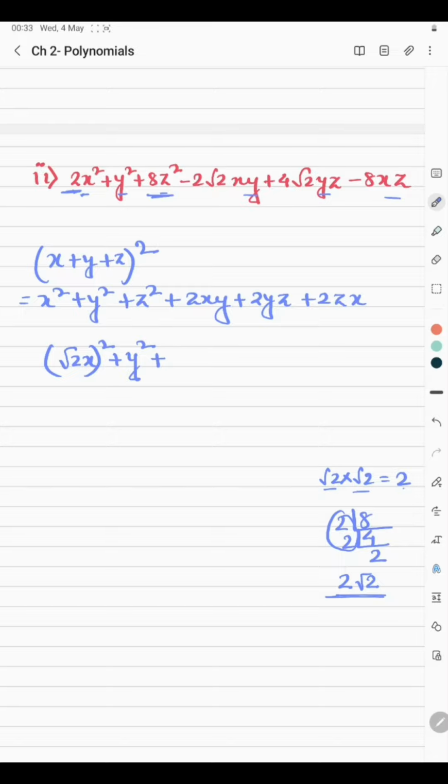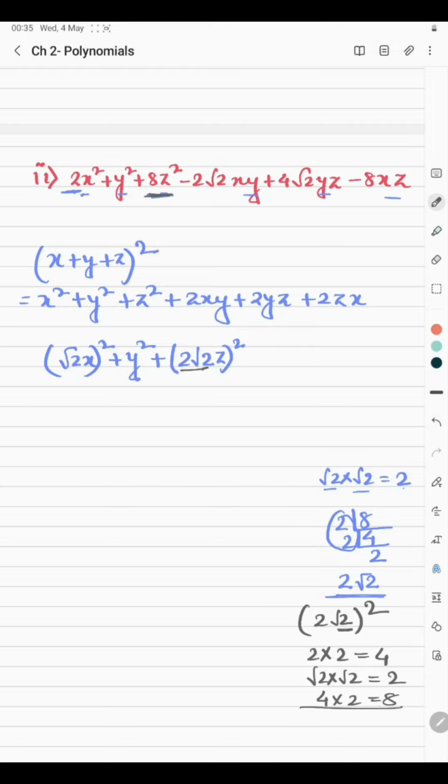Okay, so 2 root 2z whole square. 8z square can be written as 2 root 2z square. How? 2 root 2 square means 2 square, 2 into 2, 4, and root 2 square means root 2 into root 2, it's 2. So 4 into 2 is 8. Okay, so that means 8 can be written as 2 root 2. Fine.